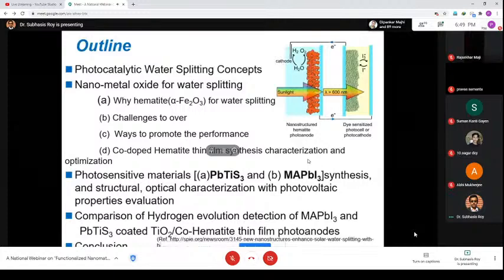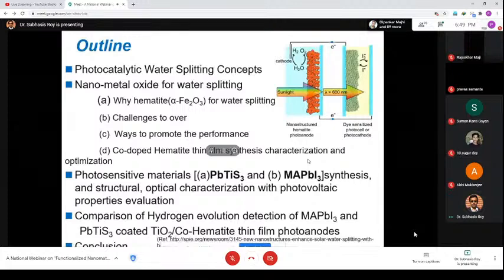So if you look at this water splitting setup, you see that in the cathode part, hydrogen bubbles will come out and oxygen bubbles will come out in the anode part. And if you attach this setup with the battery, the minimum splitting voltage required is 1.23 volt.